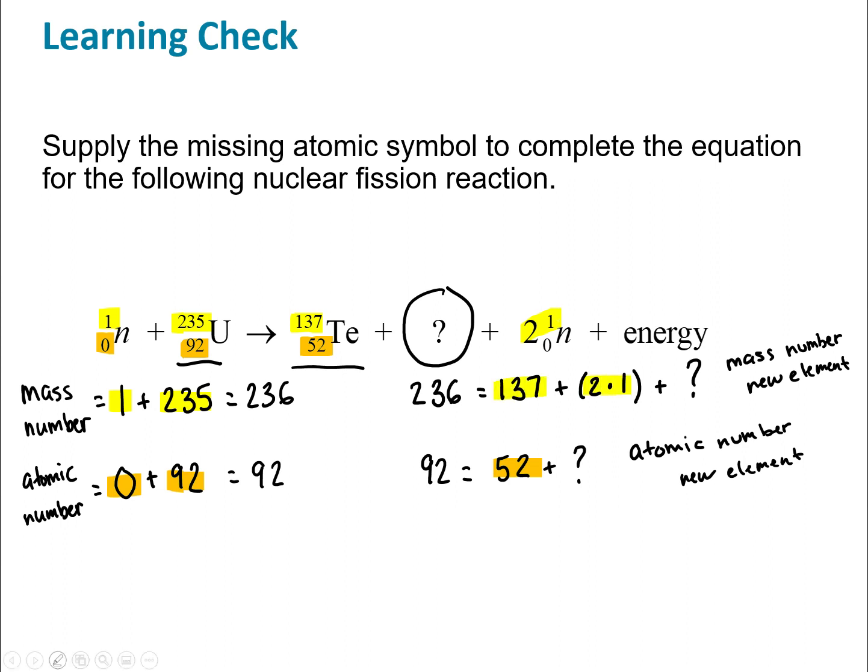So that's where we get those numbers. When we solve, we've just got to do a little bit of addition and subtraction. This question mark, you'll find it's 97. And this question mark, when you solve it, will be 40.